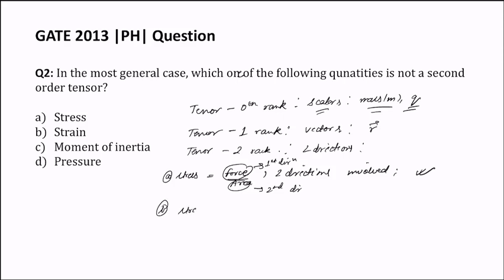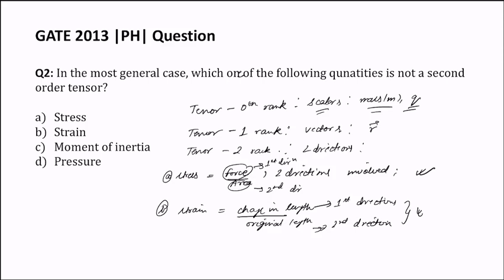B, strain. Strain is nothing but change in length per unit original length when you apply some kind of force or stress. So there are also two directions involved in it. One is the direction in which the change in length is happening, the first direction. The second direction is the direction of the length.